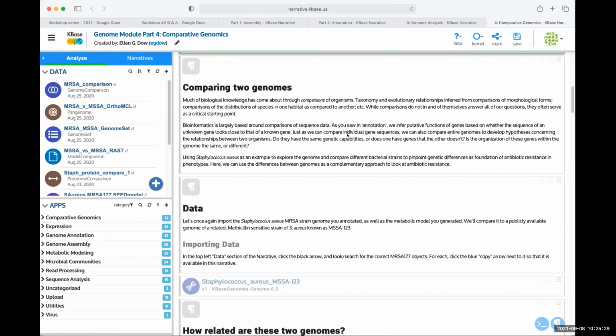But what if we have two pretty closely related genomes and we compare them, and we can actually look for what's the same and what's different between them, and take more of that approach? Maybe that would be a different way to think about what some candidate genes might be conferring antibiotic resistance. Just because we found those homologs by blast doesn't guarantee that those are actually the functional genes necessarily.